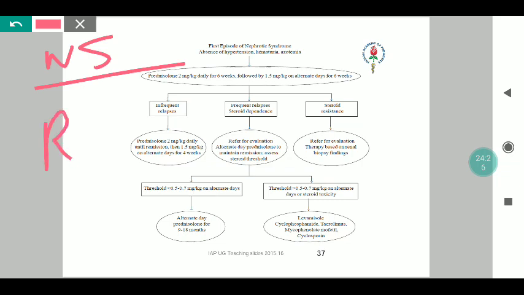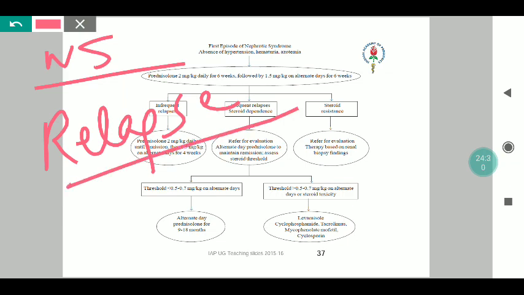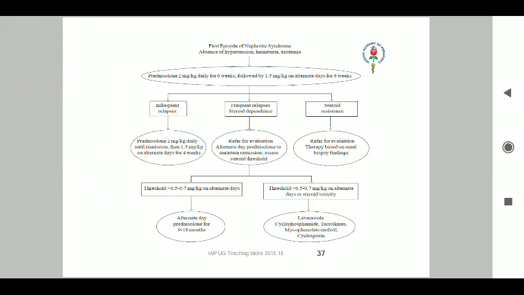The first term we need to understand is called relapse. A relapse is defined as a urine albumin of more than 2 plus for 3 consecutive days in an early morning sample in a child previously in remission. So, now we should understand what is remission.